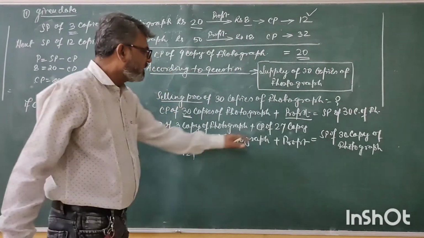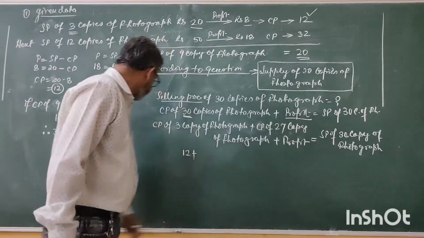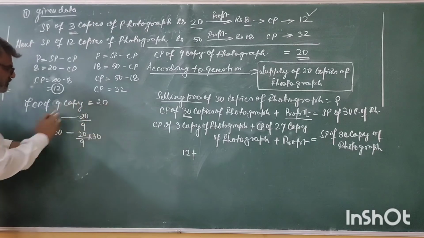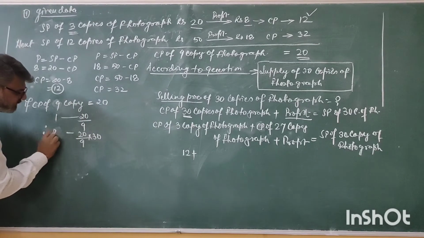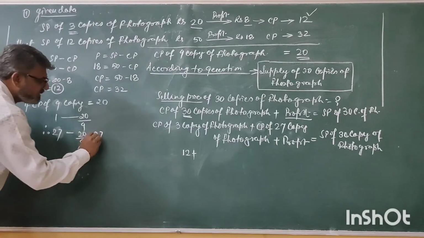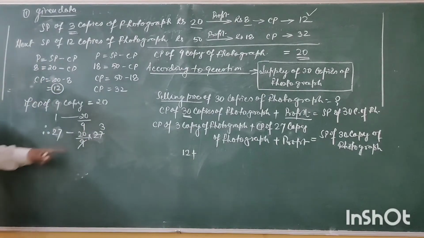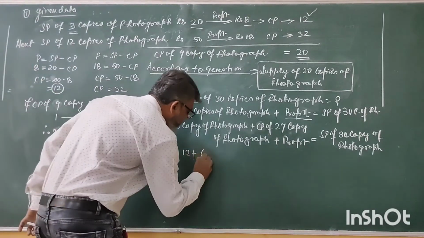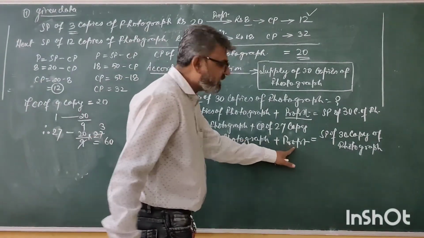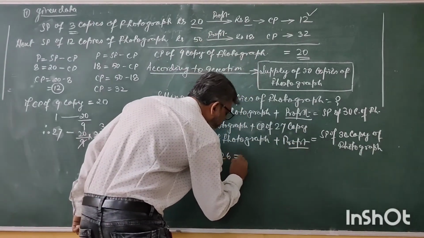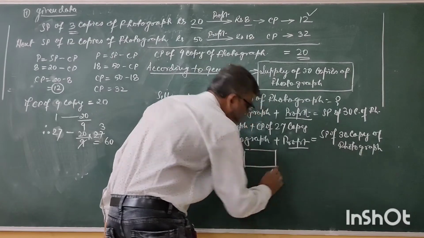12 rupees are there. Clear? Plus sign. CP of 27 copies. If the CP of 9 copies equals 20, therefore 1, therefore 27. Now the result: 9 threes are 27, say 60 rupees. Okay. Plus 60. And profit is given as per question, 26. Now this is the result.